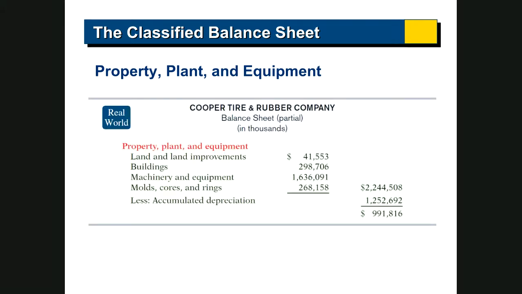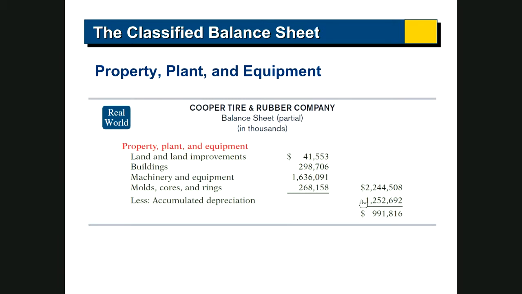So if you look at here, you have land, building, machinery, equipment, etc. This is 2.2 million. And then 1 million is accumulated depreciation, meaning this much has been depreciated. You have used it. So as you can see, almost half of the life of the asset is gone.